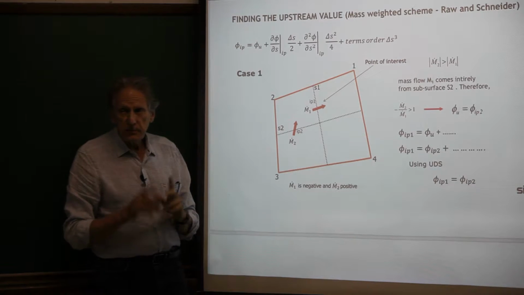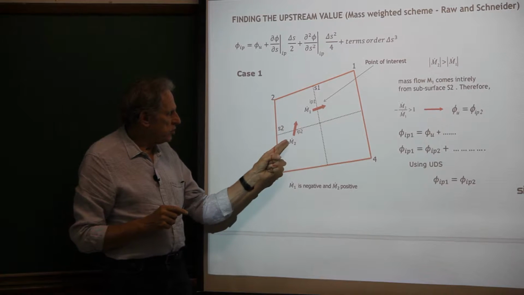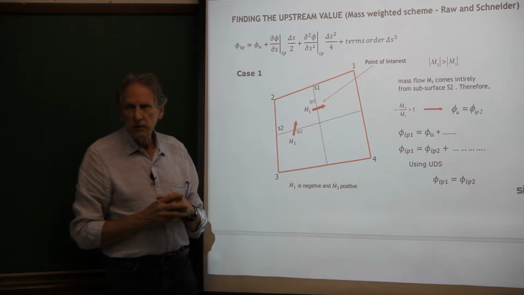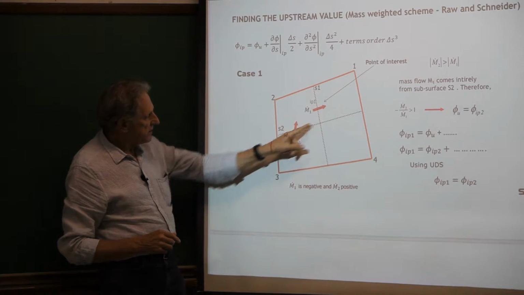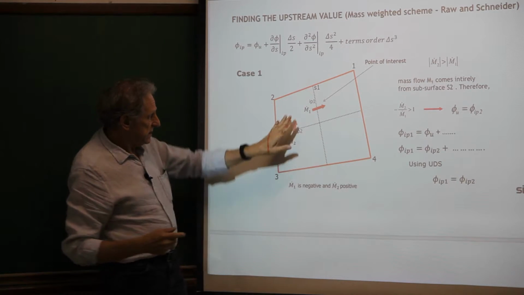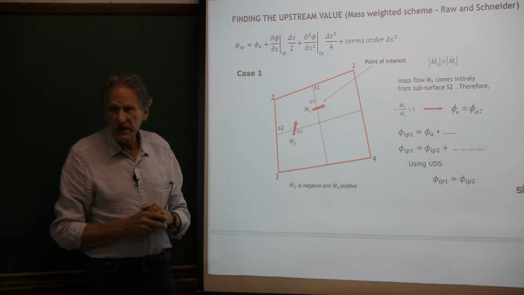And then let's see this condition: M2 is larger than M1. So the mass flow which crosses this surface S2 is greater than the mass flow which crosses the surface S1.